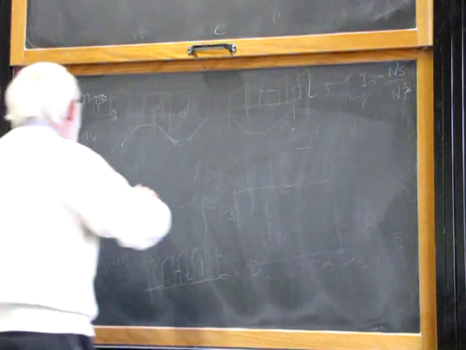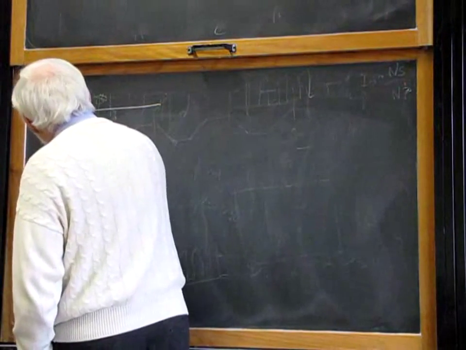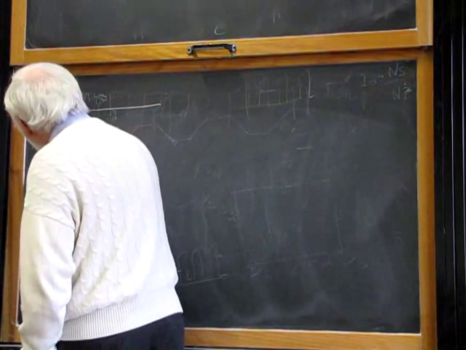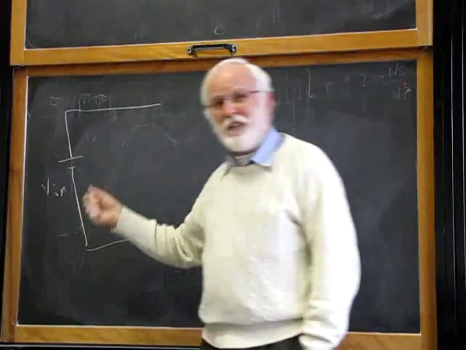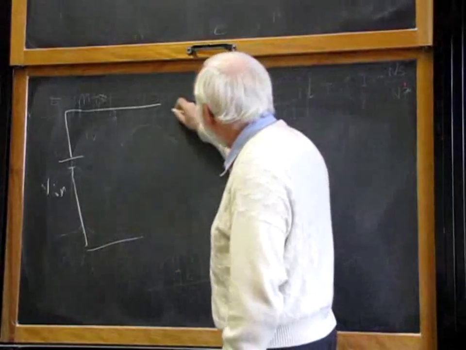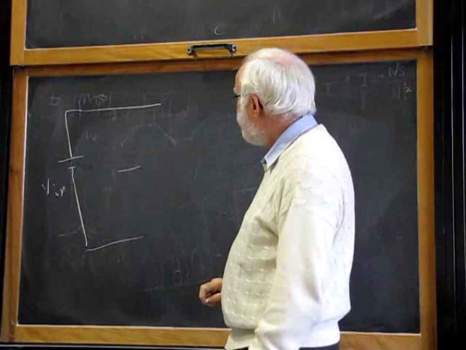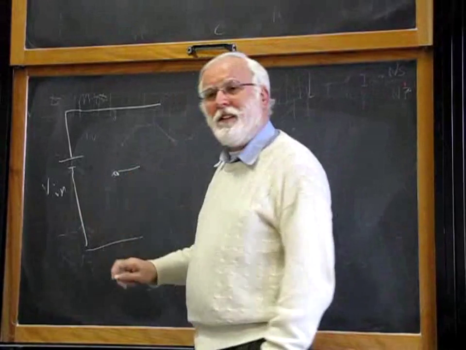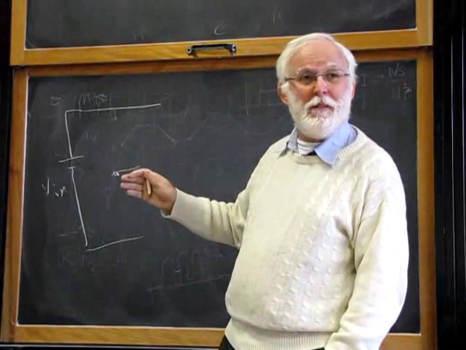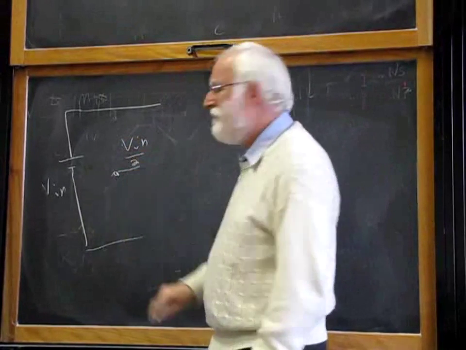Let's consider, for example, this circuit. Let's start with VA. This is the first time that we put a VA explicitly with a battery. Let's suppose that we have, in some way, here a voltage, VA over 2. Don't ask me where it's coming from.